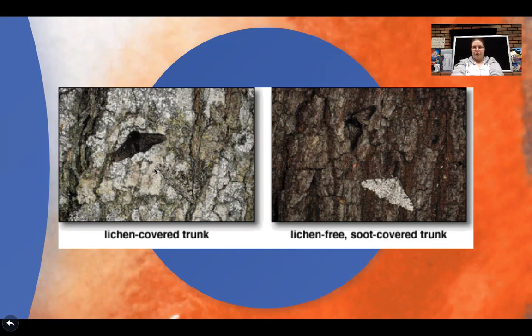But then after the Industrial Revolution came and the air pollution, a lot of the lichens were killed. They died. They couldn't survive on the trees anymore. And soot covered the trees. And this is what the trees look like after that. Well, it's the same species of moths, but now we see a change in the population. Now we see a change in conditions. The lighter moth is now much easier to see. So the birds are going to go after that one, as opposed to the darker moth, which now has the better adaptations.